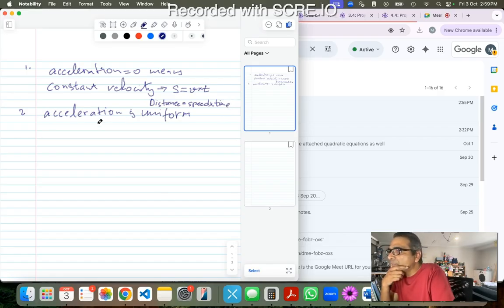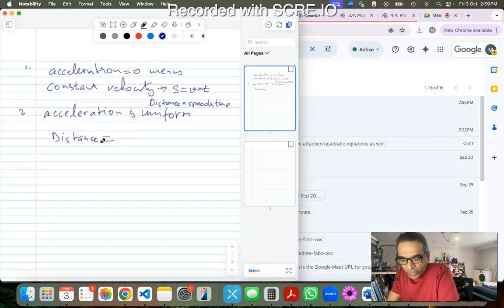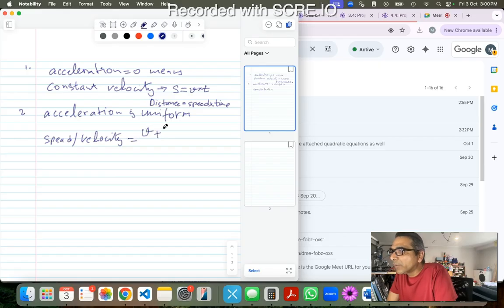Acceleration is uniform, that means the distance traveled is, so we can take the speed, the velocity, to be v plus u by 2.